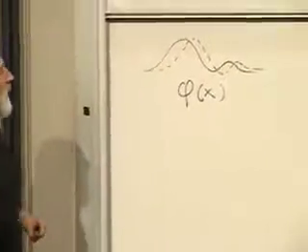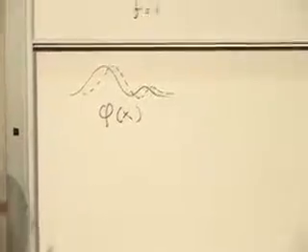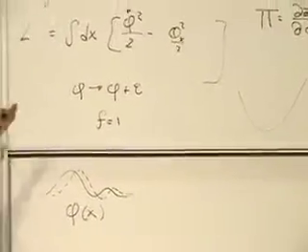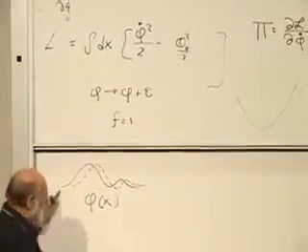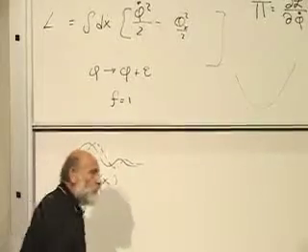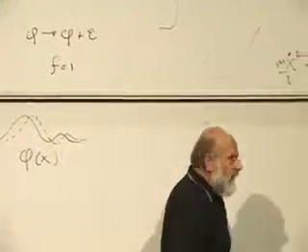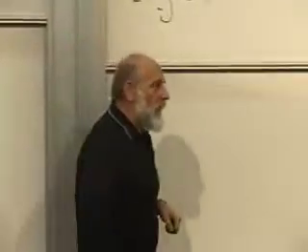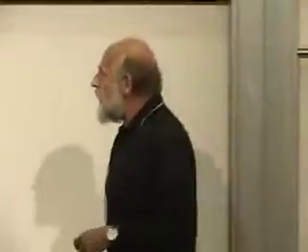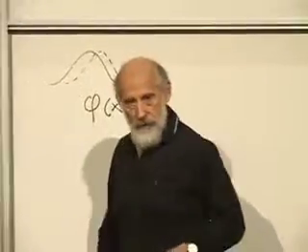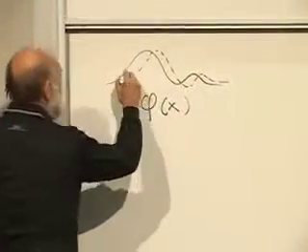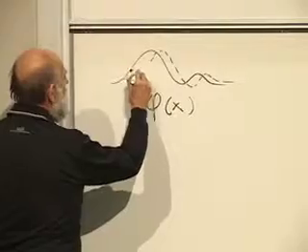If you take a look at that Lagrangian, it's quite obvious that the integrated Lagrangian won't change. All I've done is I've displaced everything uniformly, and that should not change the total amount of kinetic energy or the total amount of potential energy. It may change the kinetic energy at each point, but all you're doing is substituting this point over here for this point over here.